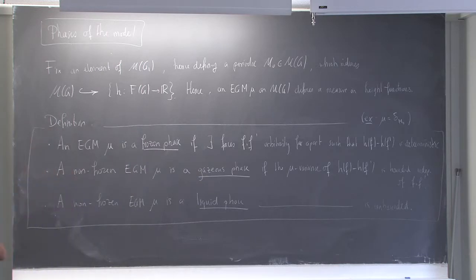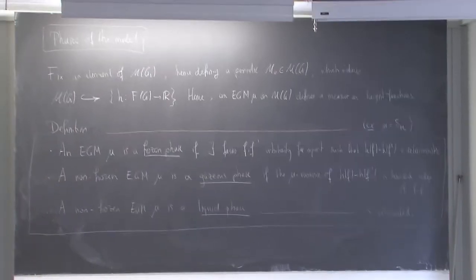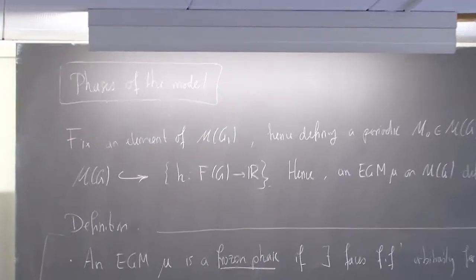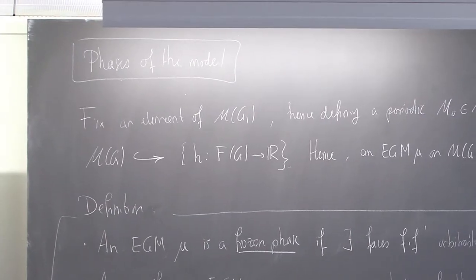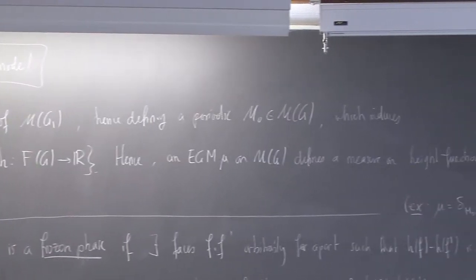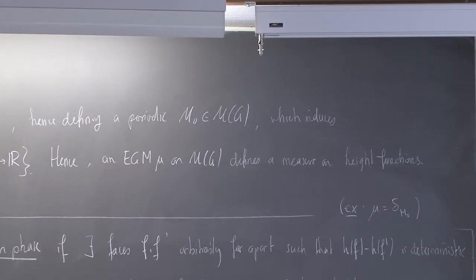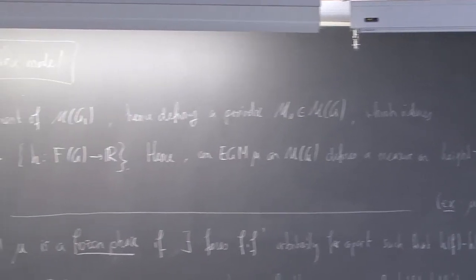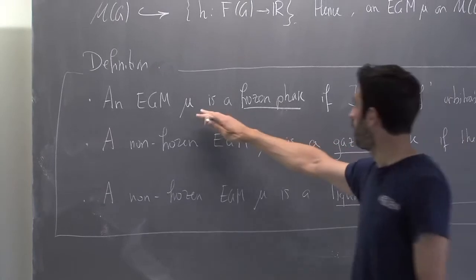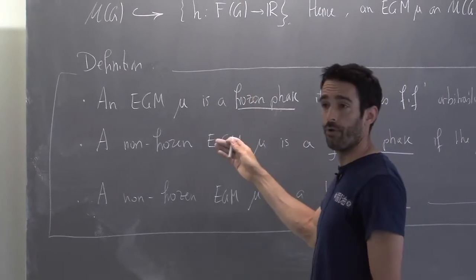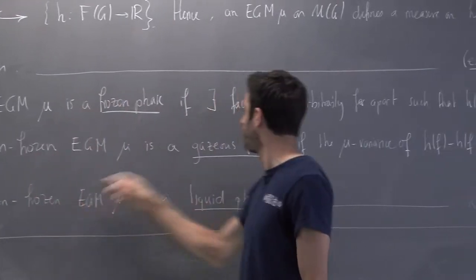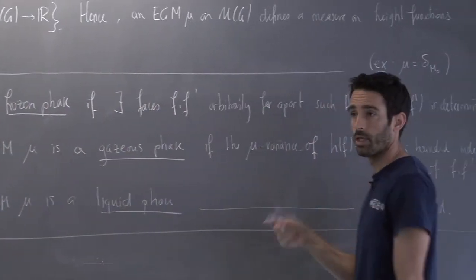So of course this covers all the possible cases, right? So first you say either you're frozen or non-frozen. If you're frozen, okay, you're frozen. If you're non-frozen, then you have this dichotomy. Okay, so you have three phases.